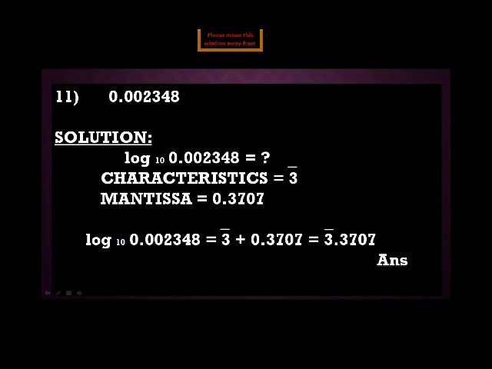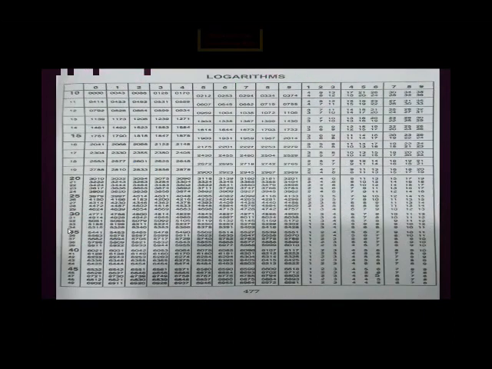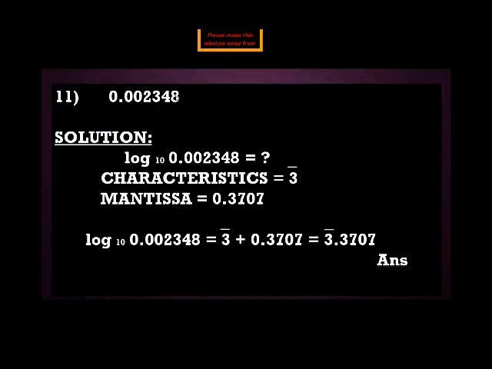And then for the mantissa, you will see 23 in the column and row 4. So 23, 4, you will get 3692. But here 8 is remaining. We have seen 23, 4, but here 8 is remaining.